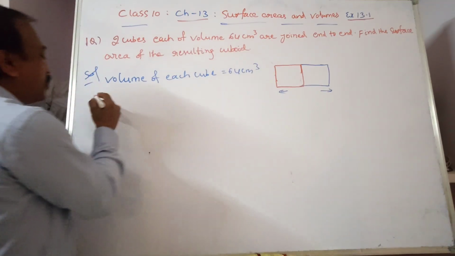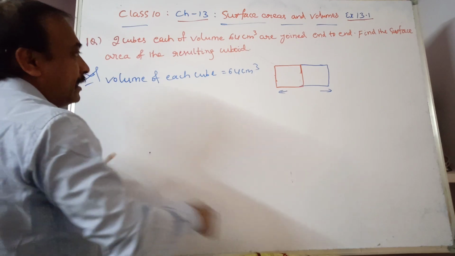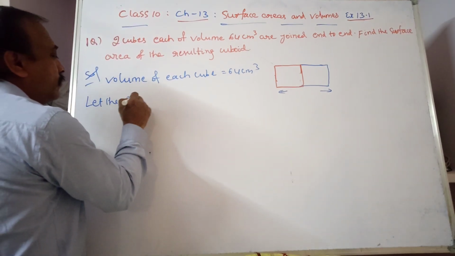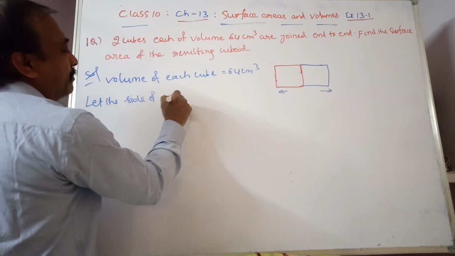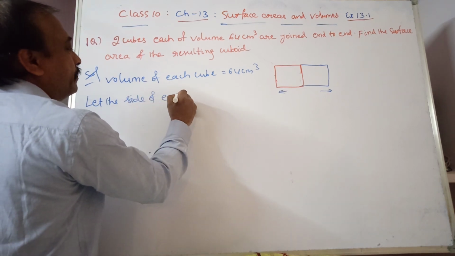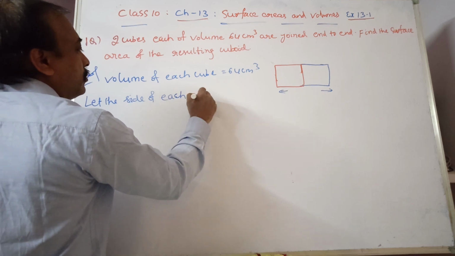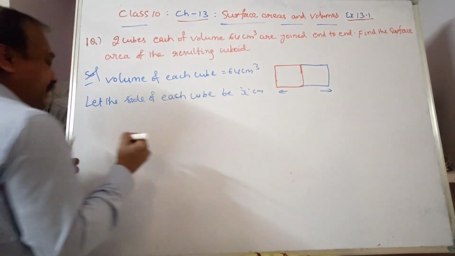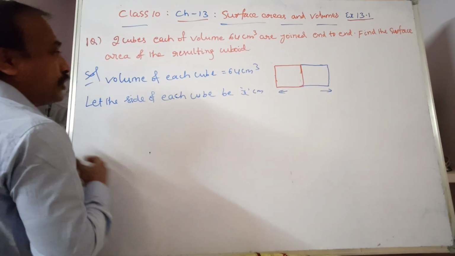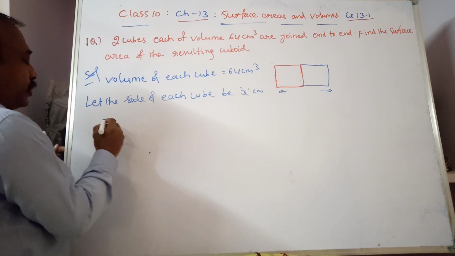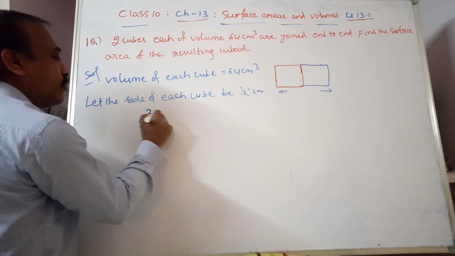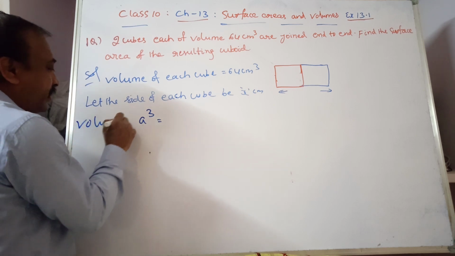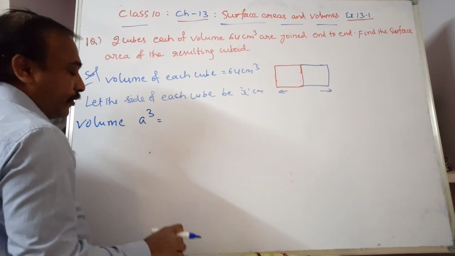Let the side of each cube, which is nothing but the edge, be x centimeters. Now, what is the volume of a cube? The volume of a cube is a cube, so here it is x cube.